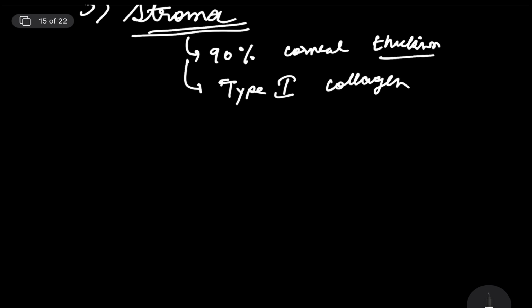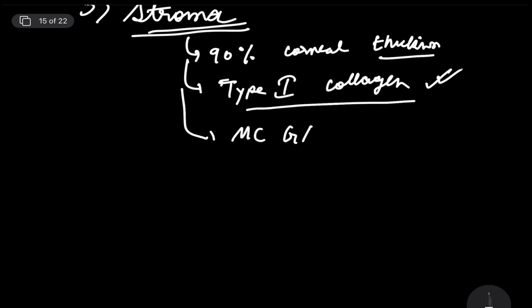It is not just made out of type 1 collagen, but type 1 collagen is the most common type of collagen fibers found in the stroma. What about the most common glycosaminoglycan? The most common glycosaminoglycan found in the stroma is keratan sulfate.